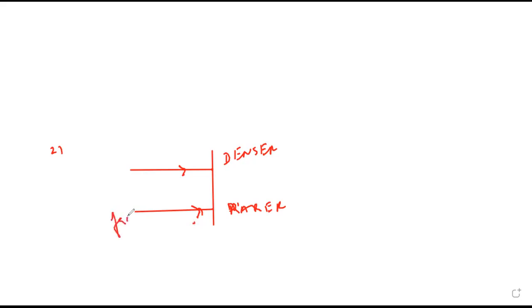This will travel fast, this will travel slow because this entire thing is denser medium. So the one traveling faster will travel a larger distance as compared to the other. So at some point the distance covered by this will be small, and we get the wavefront. That will conclude that the light beam will move upwards because this is moving slow.